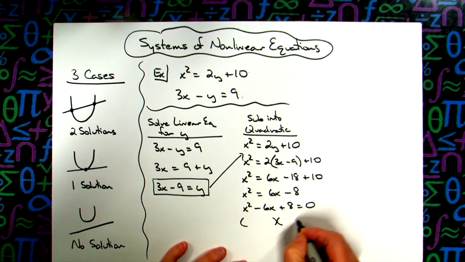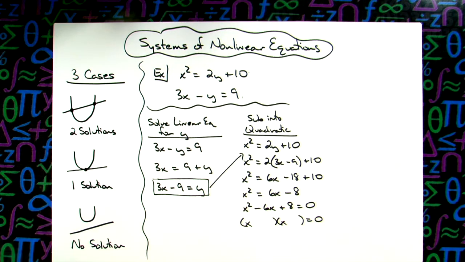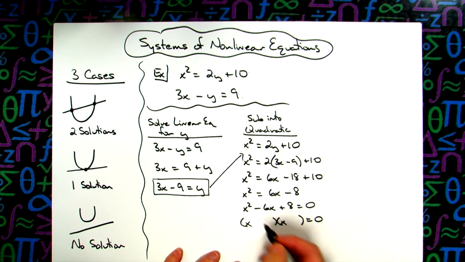But I think our guess and check method is going to lead us to a conclusion that it will factor. 4 times 2 is going to give me 8. That'll give me a 6 in the middle if I make them both negative. I need a positive 8, so a negative times a negative will give me that positive 8. Negative 4x and negative 2x gives me the negative 6x in the middle.